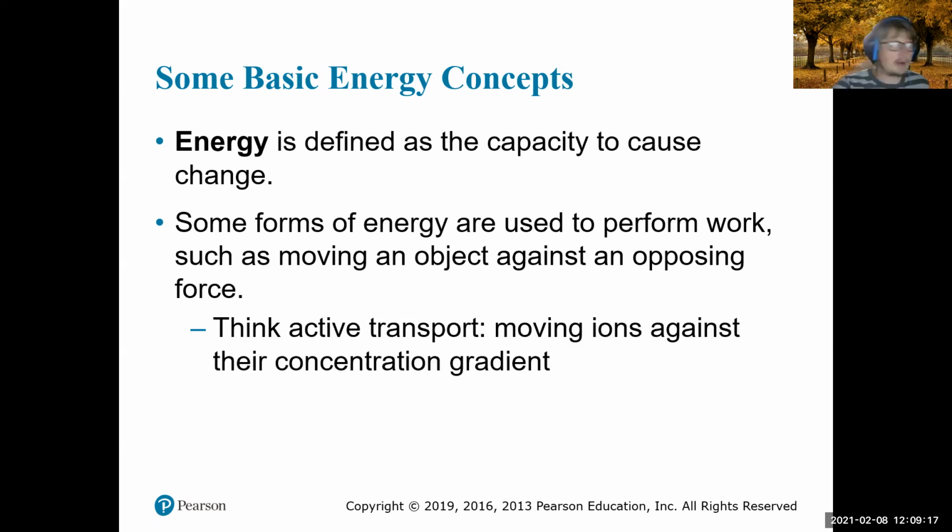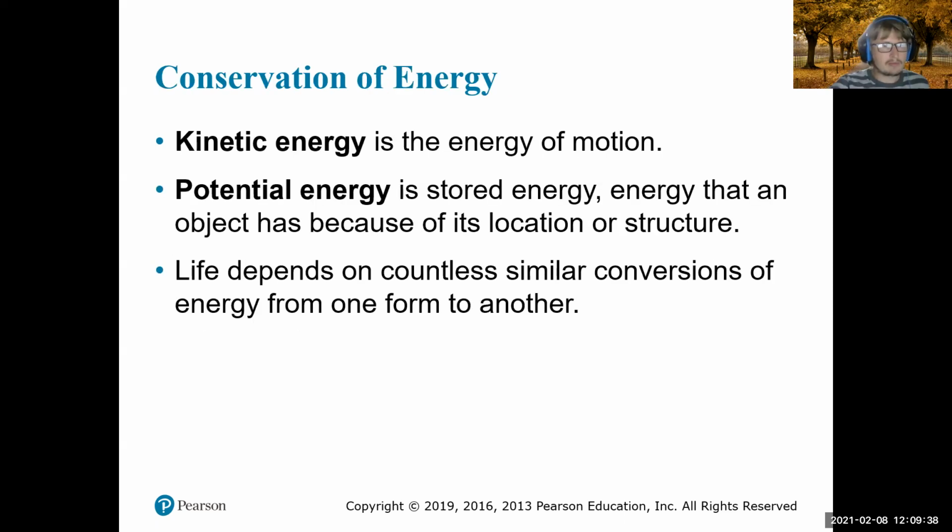So we talked about passive diffusion, where a molecule is moving with its concentration gradient, so from high concentration to low concentration. Active transport is going to be moving that molecule against its concentration, so from low to high concentration. First, we're going to talk about energy, and then we'll talk about where that energy comes from to move those molecules in active transportation.